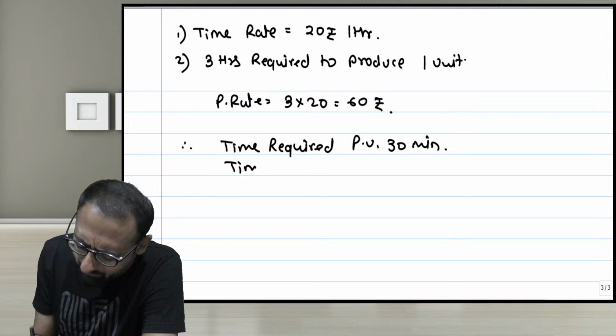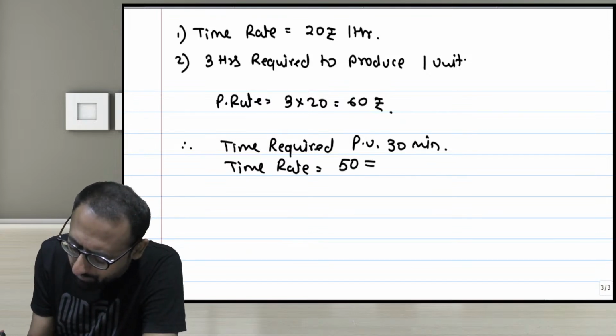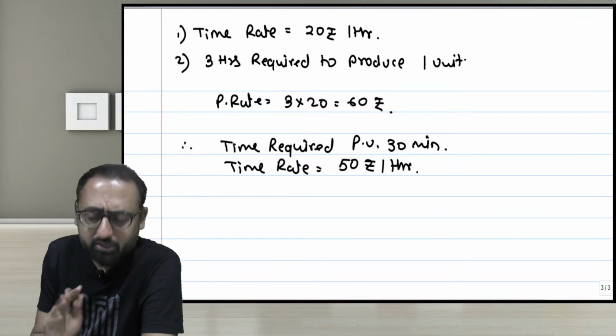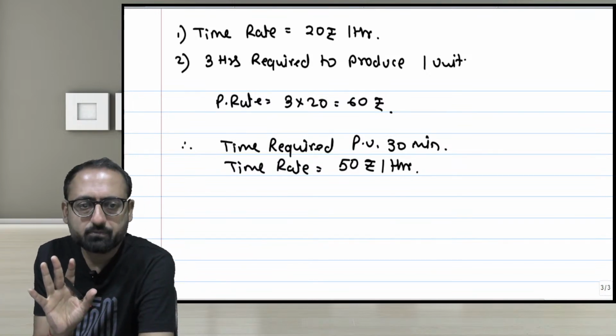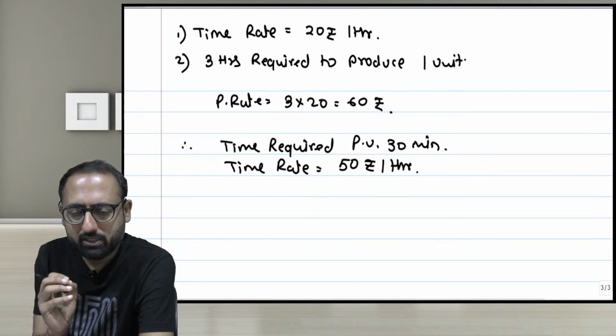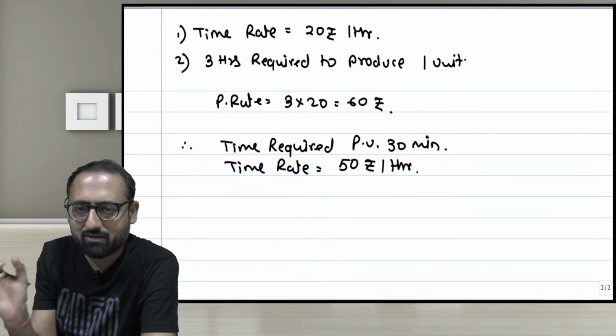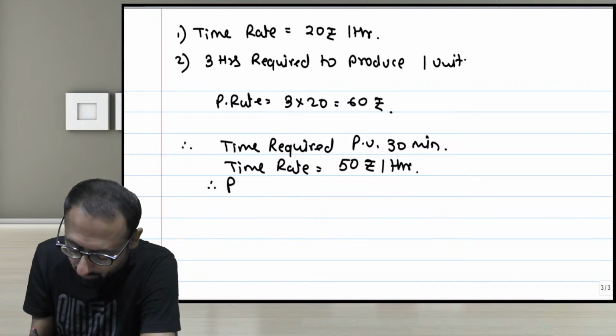And time rate is given in the question. Time rate is 50 rupees per hour. Now it is our normal question. Here you'll have to calculate quickly how much the piece rate will be. I want the answer in the next 10 seconds so that I can start with the next part. Piece rate.